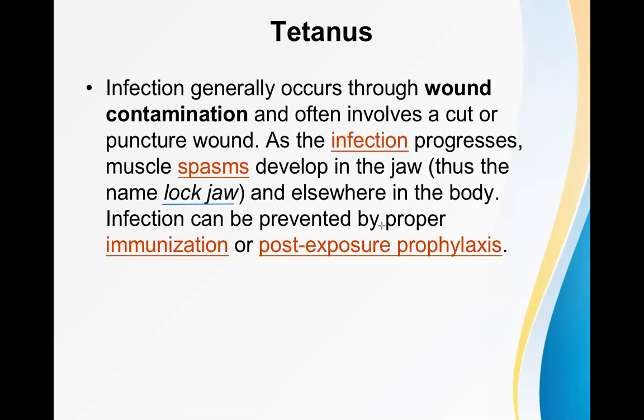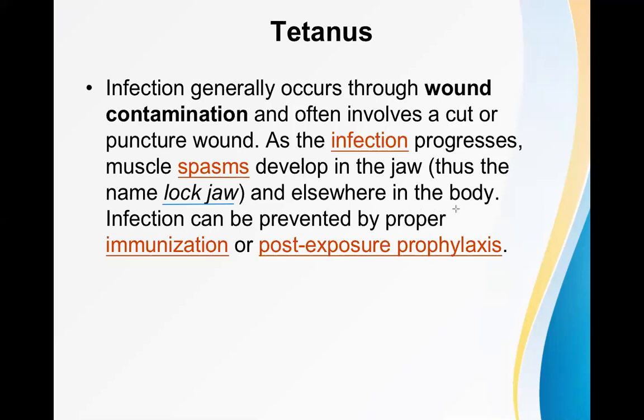Masseter is one of the muscles of mastication. Many students know this: temporalis, masseter, lateral pterygoid, and medial pterygoid. So when this masseter is contracting all the time, we cannot open the jaw. So this is called lock jaw.